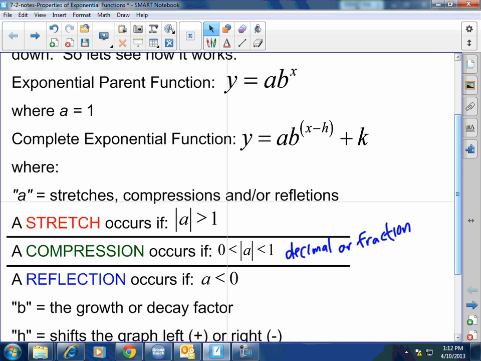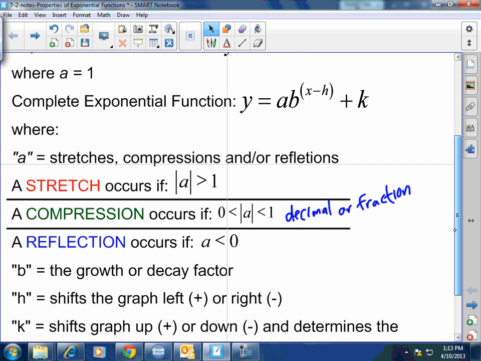That means that it's going to get wider. Remember the rubber band, guys. If I take a rubber band and I pull up on it, that's a stretch. It's getting narrower and narrower. If I take that same rubber band in resting position and I squeeze it down, it gets wider, right? That's a compression. Remember the rubber band.